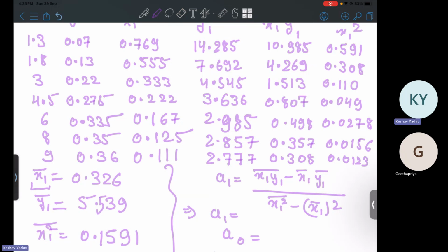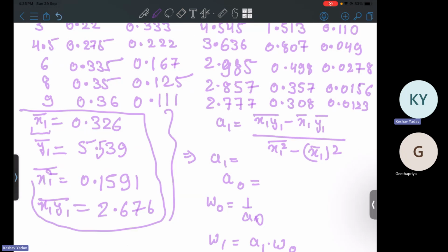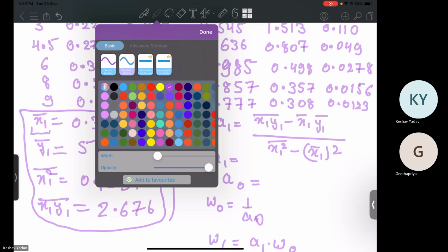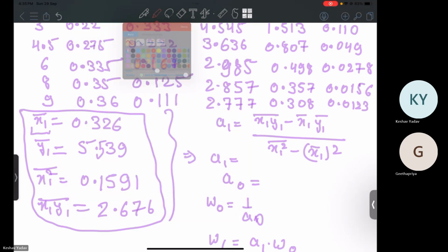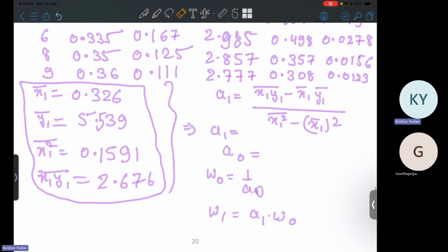So 2 point something, we will be getting 2.676. Please verify these values are correct or not. Good. Then we need to find out this A1.